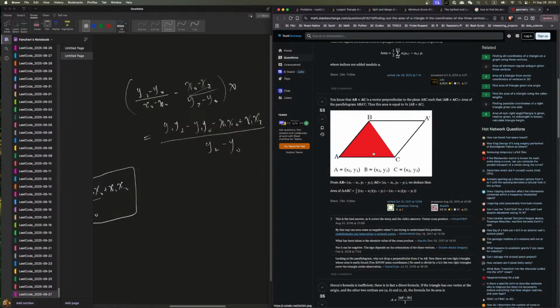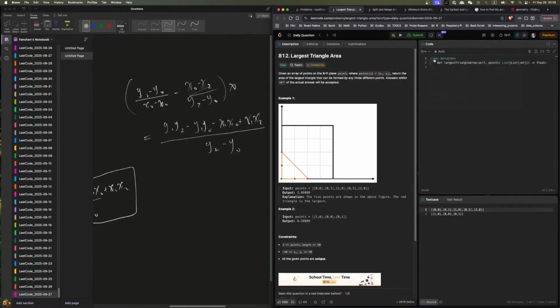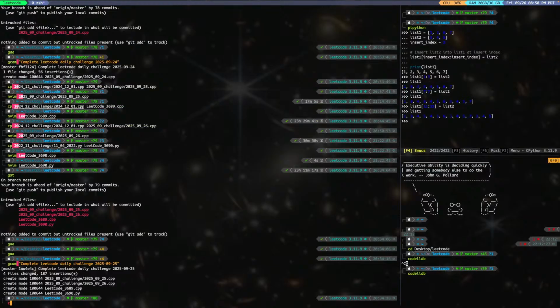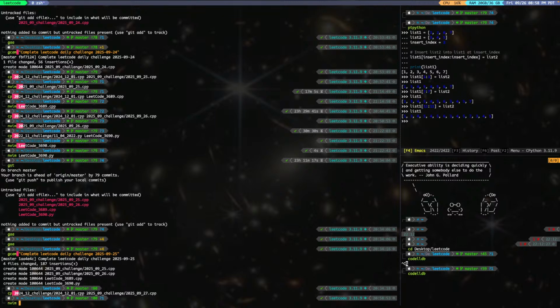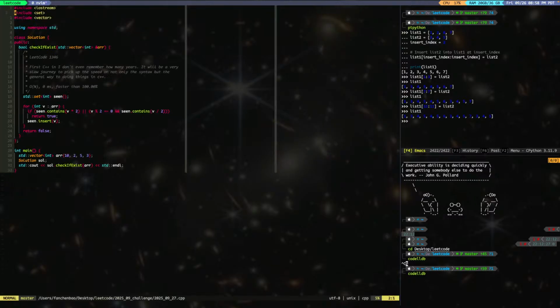I think this one is the clearest. x2 minus x1, y2 minus y1, x3 minus, yeah, this is this and this, and multiply. Oh, all right. I don't know how to do this. I'll brute force this thing.